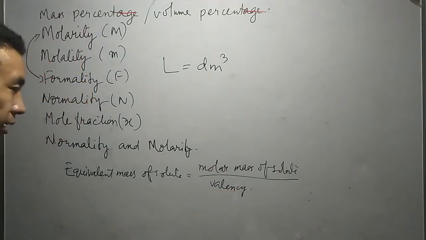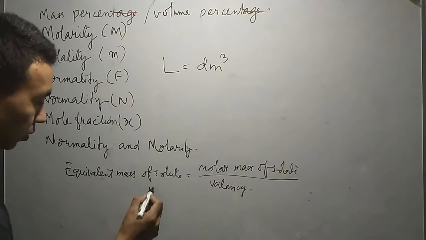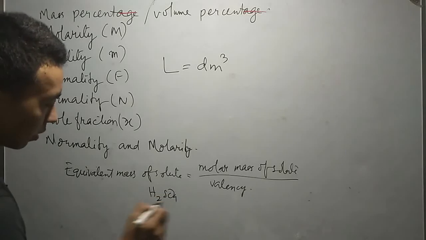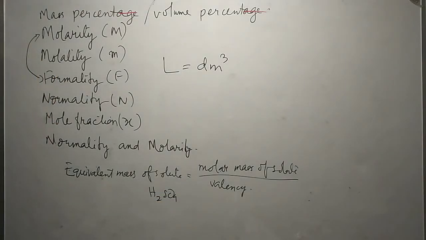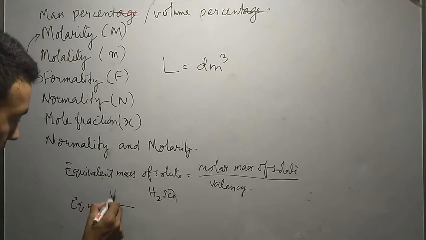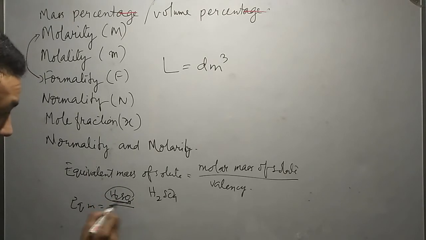Suppose, for example, the solute is sulfuric acid. Then the equivalent mass of sulfuric acid will be the molar mass divided by valency.